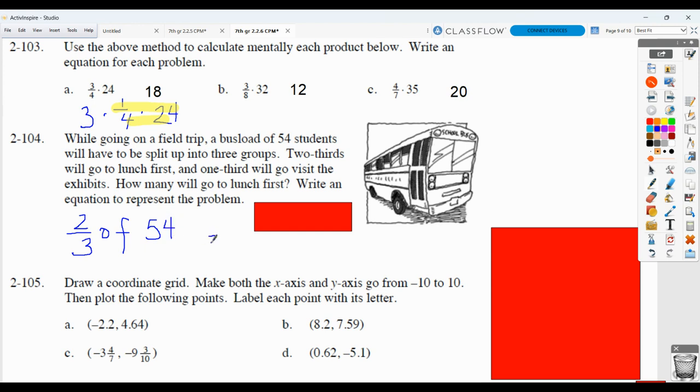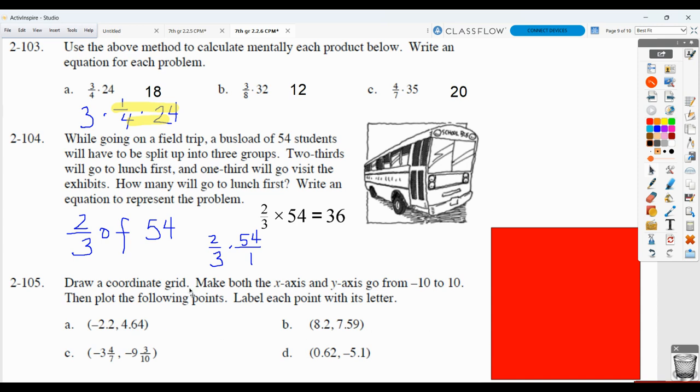So we're going to make this 2/3 times 54, and we can put that 54 over denominator 1. Now, at this point, you could use this mental math technique, make it 2 times 1/3 of 54. You could also simplify the 3 and the 54, because 5 plus 4 is 9, so we know 54 divides by 3 evenly. Either way, your final answer ends up being 36.